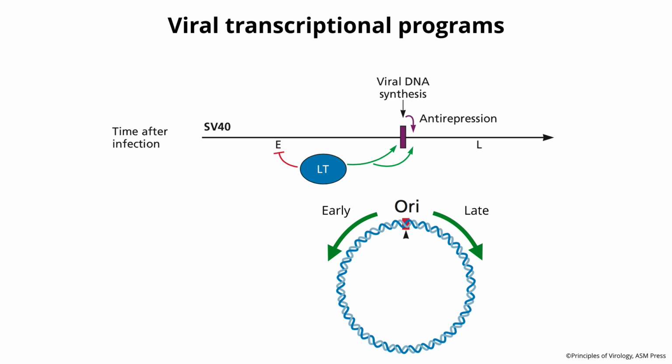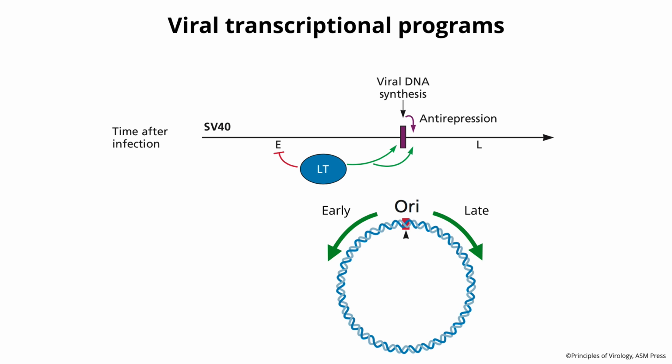So at the top here is a timeline of what's happening after infection. So here at the left, we've infected the cells. The first thing that happens, this is a double-stranded DNA genome. You don't have to do any repair. First thing that happens is you get synthesis of early messenger RNAs, no late mRNAs. That synthesis is repressed by a mechanism that we'll look at in a moment.